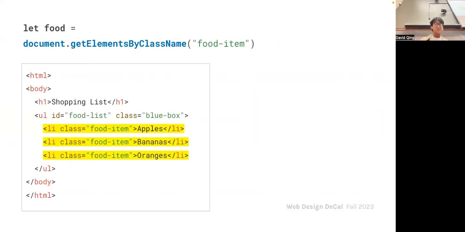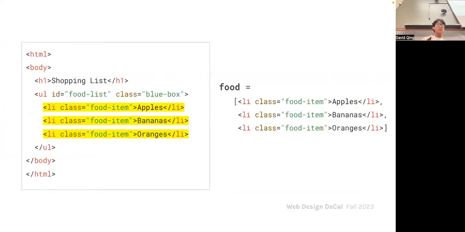In contrast, we can select all of the food items by using getElementsByClassName. When we run that function, we get back this food variable, or whatever we call it, and it'll have 3 elements, which are the 3 li tags. Any questions on how getElementsByClassName works?